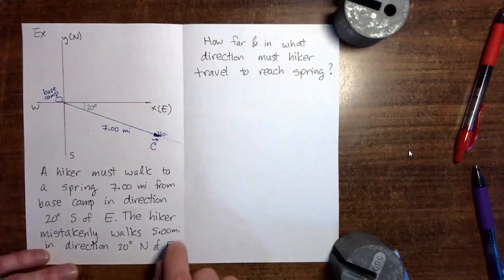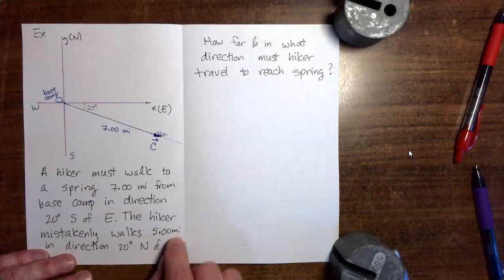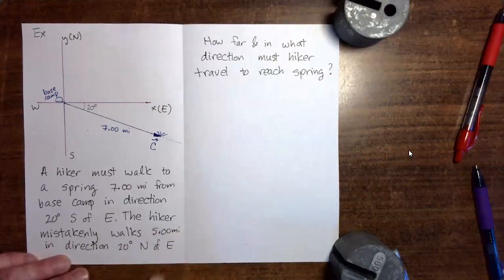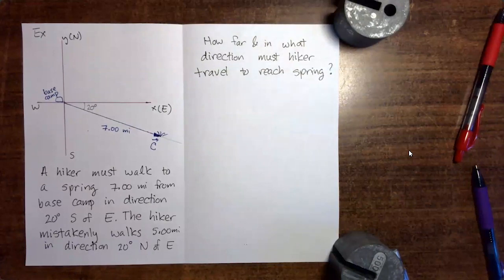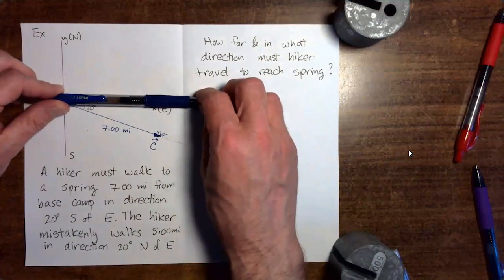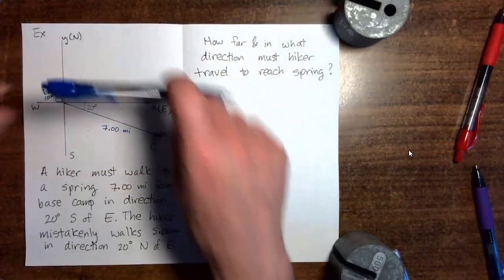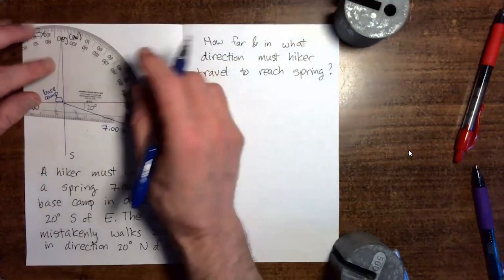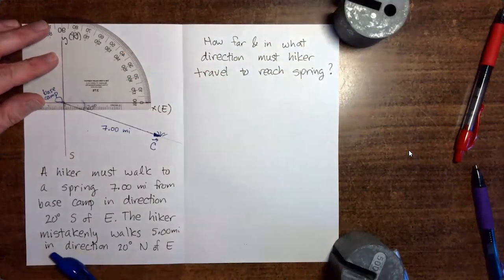Now, what's going to happen is that the hiker is going to head off in the wrong direction. The hiker mistakenly walks 5 miles in the direction 20 degrees north of east. So let's measure off that direction. So 20 degrees north of east would mean we start out facing east and then turn 20 degrees to the north. Let's find 20 degrees north of east.